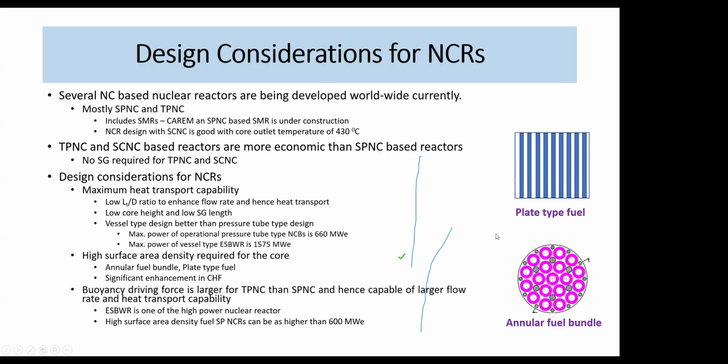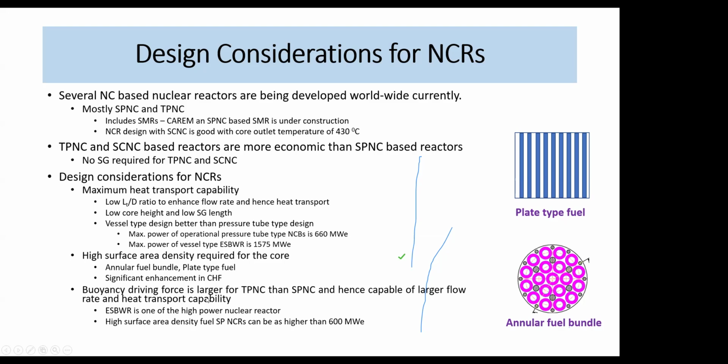And plate type fuel we only use in nuclear research reactors. But if you can use plate type fuel in power reactors, you can have very, very high surface area density, and therefore the CHF can be much more enhanced.